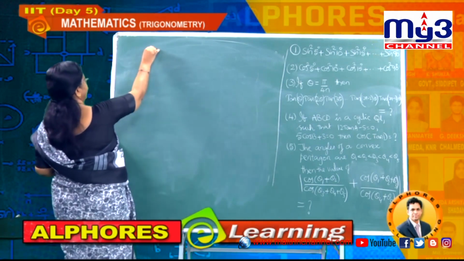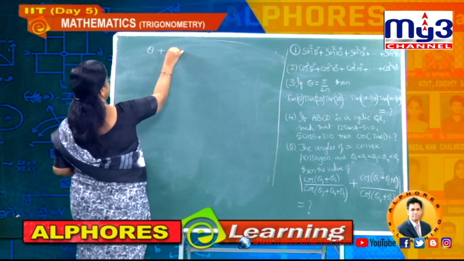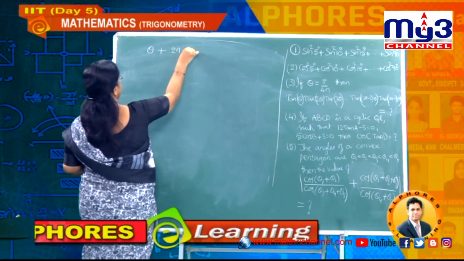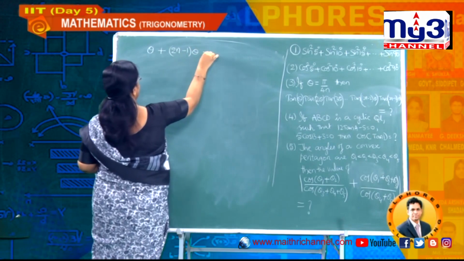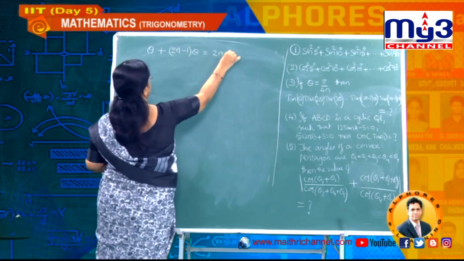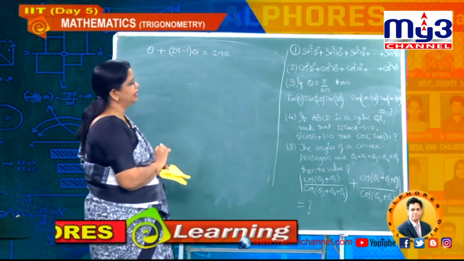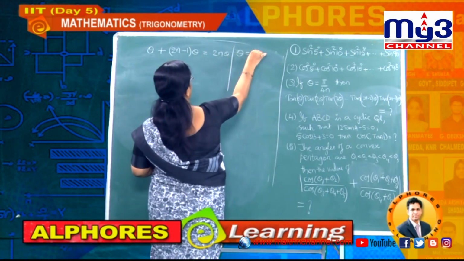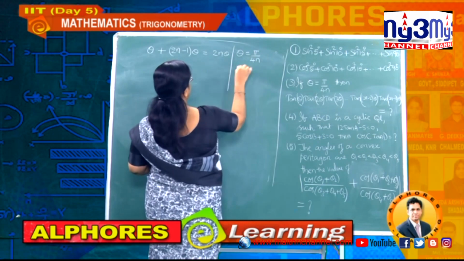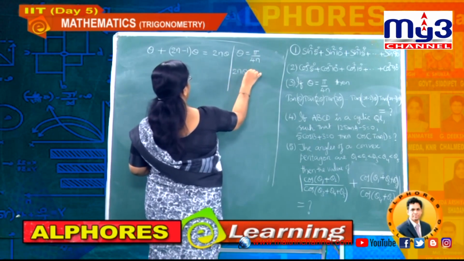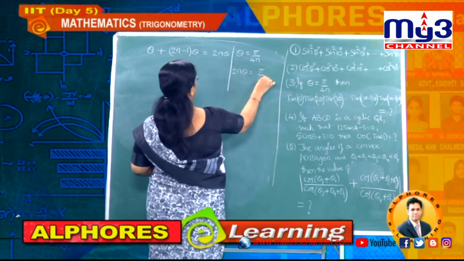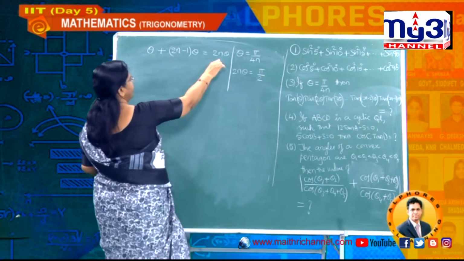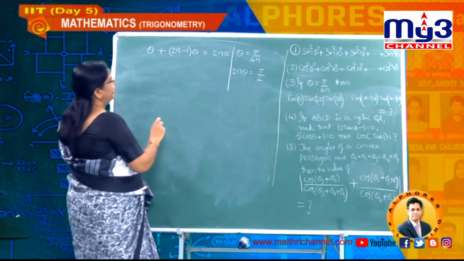Suppose I take first angle plus last angle, that is 2n minus 1 into theta. What is this value here? 2n theta. Now 2n theta, from the given condition theta equal to pi divided by 4n, then 2n theta equals how much? Pi by 2. That means the sum of the angles is clearly pi by 2.